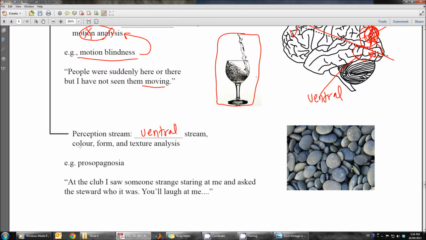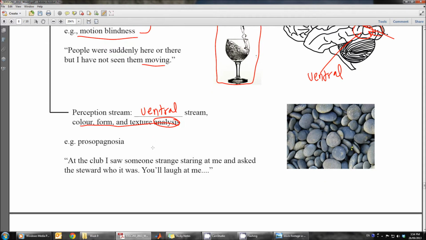So analysis of the object, recognizing, oh, this is a pen, or oh, this is a glass, and so forth. This particular area processes the face of the person, and if you damage that particular part in the ventral stream, you can suffer from prosopagnosia, which is face blindness.